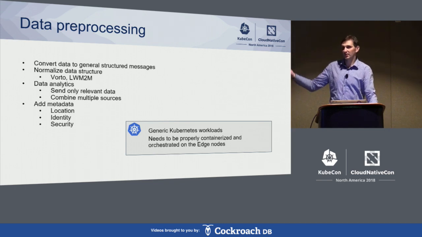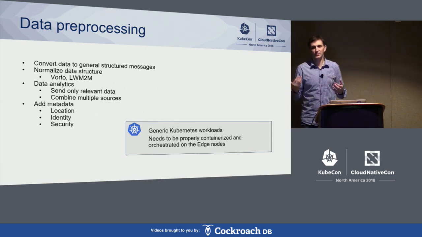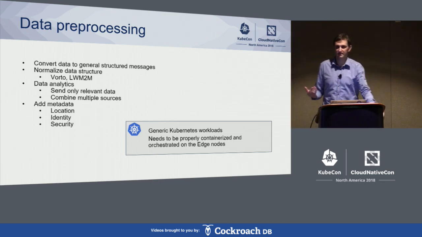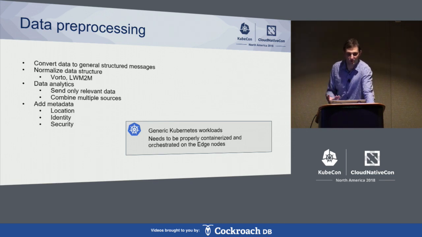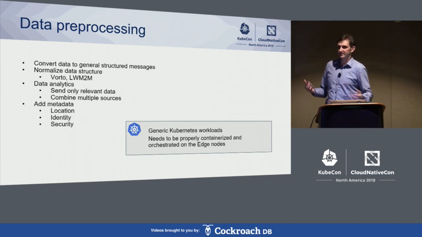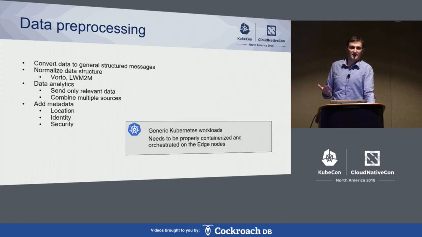On the other side, we'll talk a bit more about the challenges, but usually you don't want to send all the data back to the cloud, so you want to do some kind of pre-processing there. So basically trying to do some kind of streaming, for example. You don't want to send a temperature reading every couple of seconds.